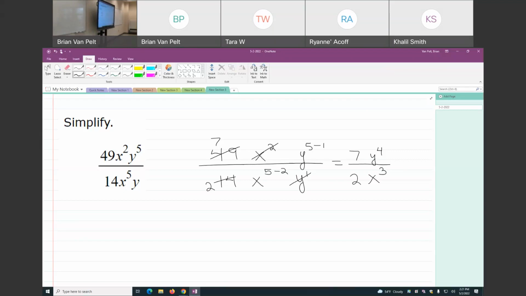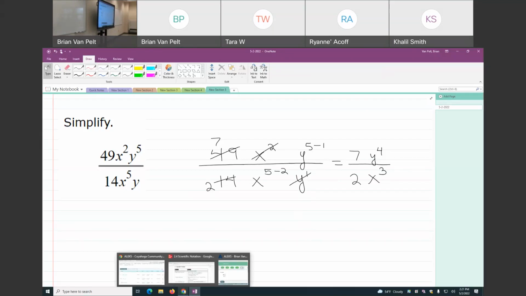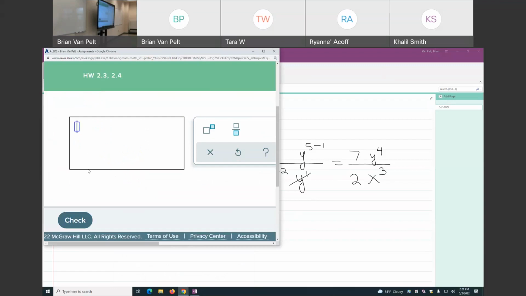The only thing is that kind of thought process becomes confusing when we start throwing negatives in. It gets more cumbersome then. What do we got? 7y to the 4th over 2x cubed.